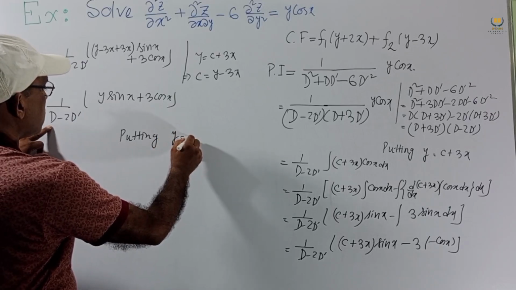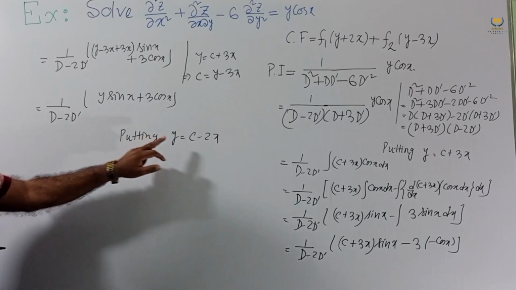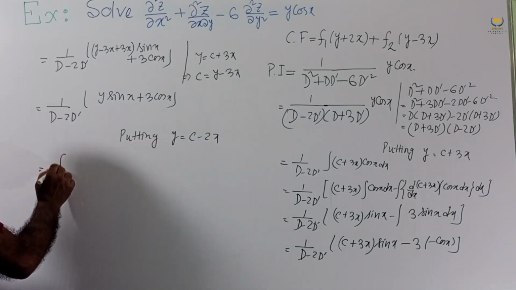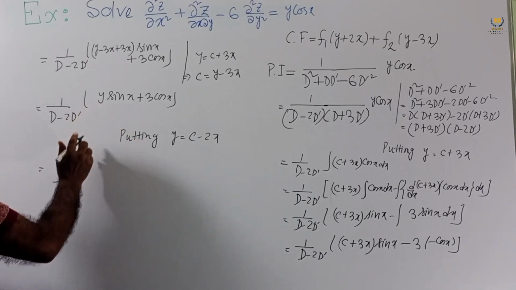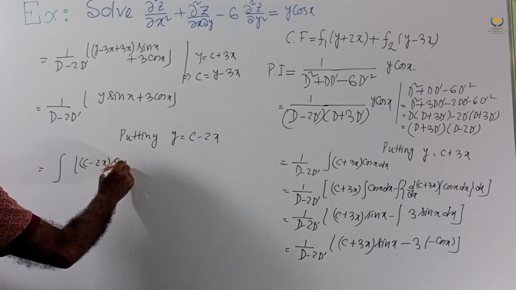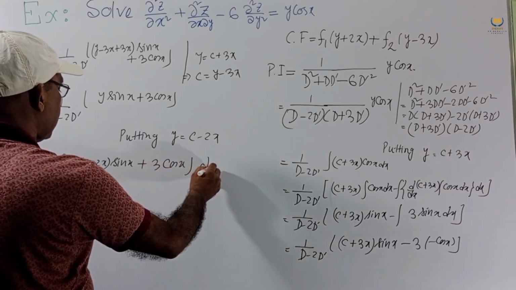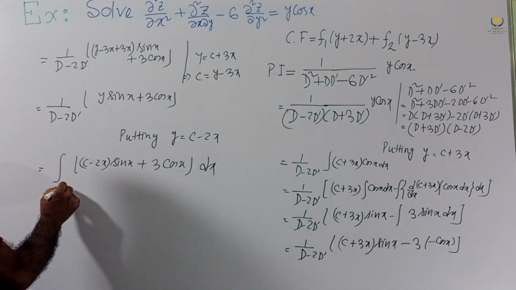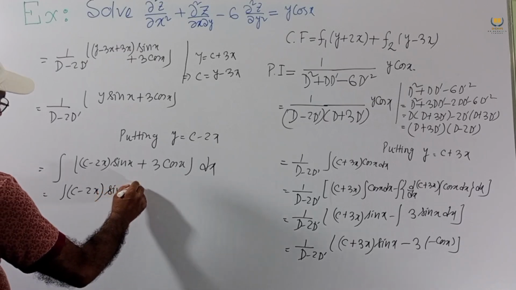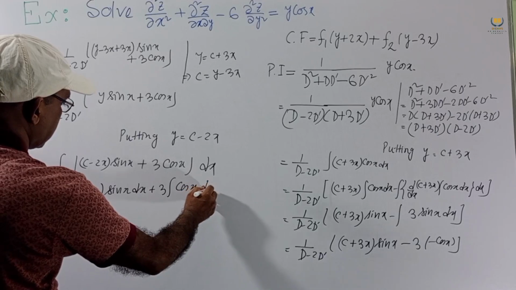Again we put y = c - 2x. Here D - 2D' is given, so we put c - 2x. If we remove this, then we get the integration, and in place of y we put c - 2x. This is the integration of (sin x + 3 cos x) dx, that is, integration of (c - 2x) sin x dx plus 3 integration of cos x dx.